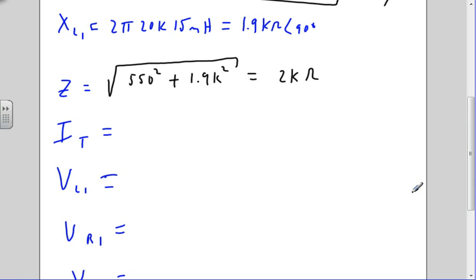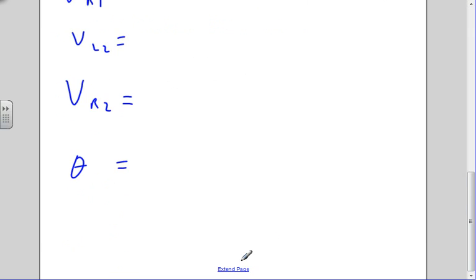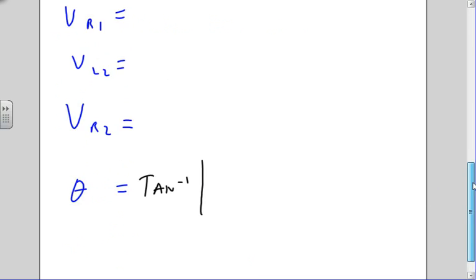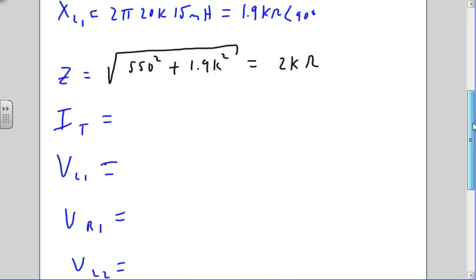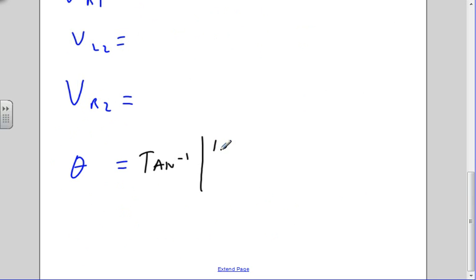What's the current? We don't have any angle yet, so we're going to have to go for the angle next. Okay, the angle. So the arctangent of the inductive guy, which is, we'll go with 1.9k, 1.9k divided by 550.